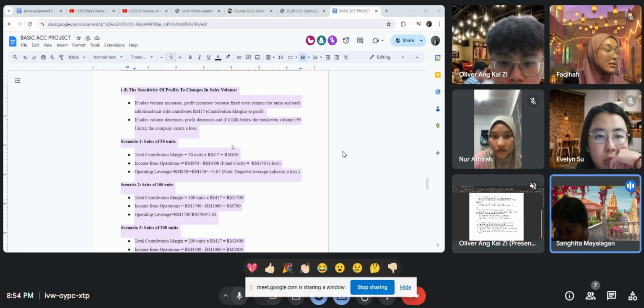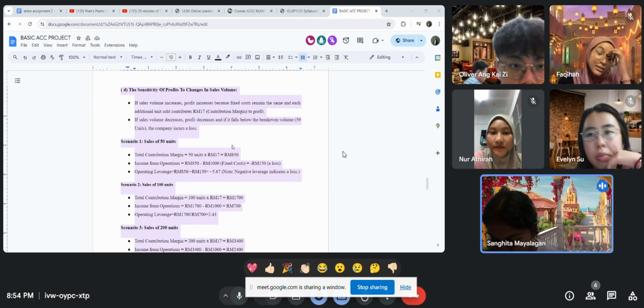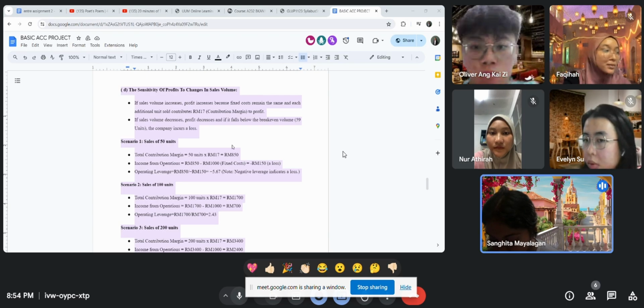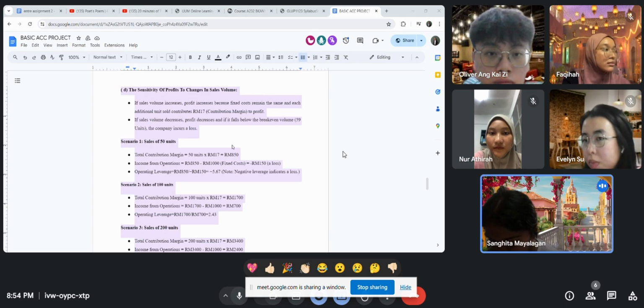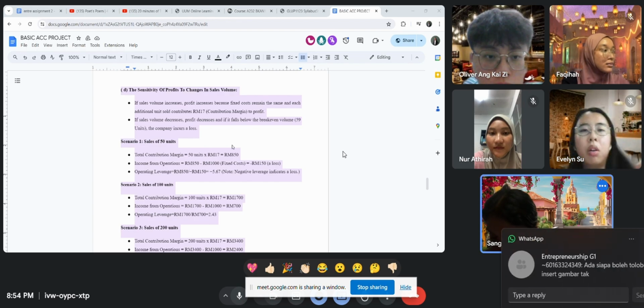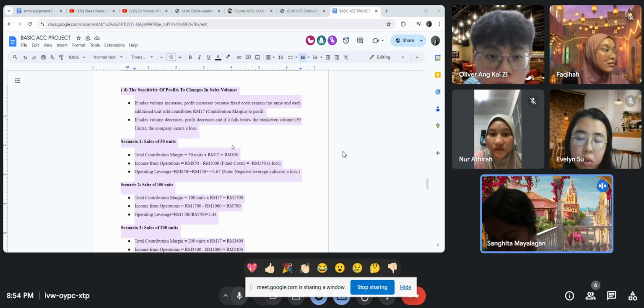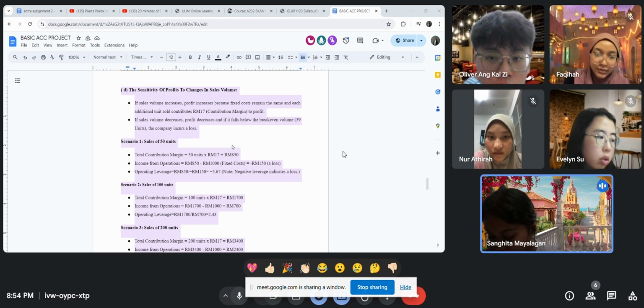In scenario 1, with sales at 50 units, our total contribution margin is RM 815. Subtracting fixed cost of RM 1000, we face a loss of RM 150, leading to a negative operating leverage of negative 5.67. This means the company is highly sensitive to sales changes but in a risky position. Scenario 2, at 100 units sold, our contribution margin is RM 1,700 with an income from operations of RM 700.